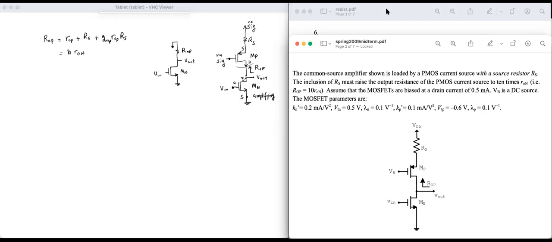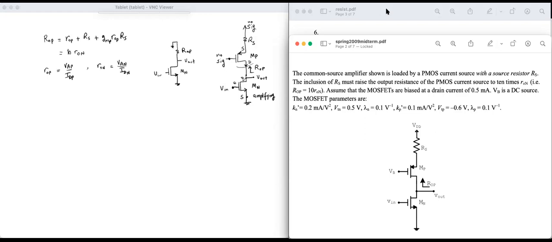Well, if I neglect VA in the DC analysis, then ROP would be VAP over IDP. I can use this when I neglect lambda or VA in DC analysis only. And RON would be VAN over IDN.